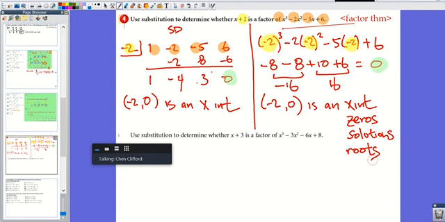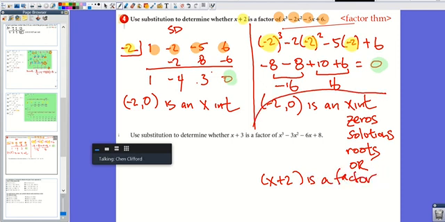Another way they might phrase it is that x plus 2 is a factor. All of this means the same exact thing, and it is a factor of that right there.